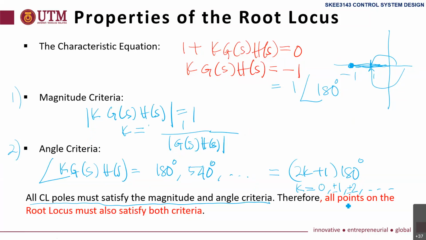Therefore, all points on the root locus, which we will draw later, represent poles and must also satisfy both criteria. These are the important criteria used to draw the root locus, magnitude and angle criteria.